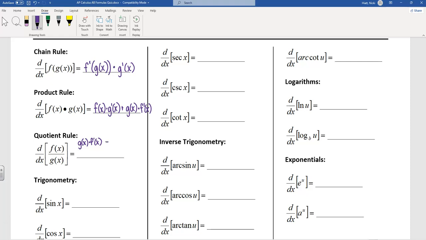And then, let's see, low D high minus high D low, all over low squared. We'll watch Liam's music video again for that.